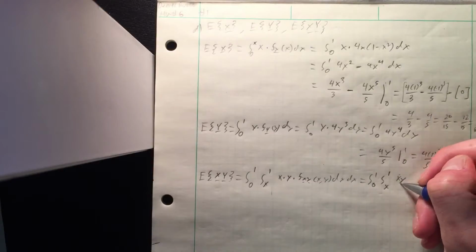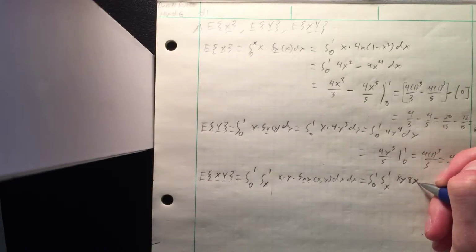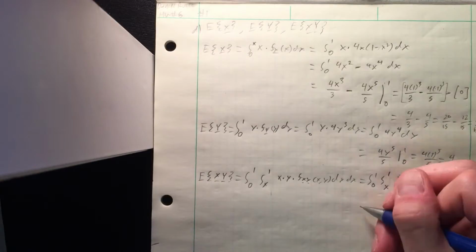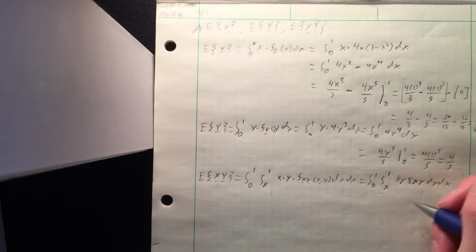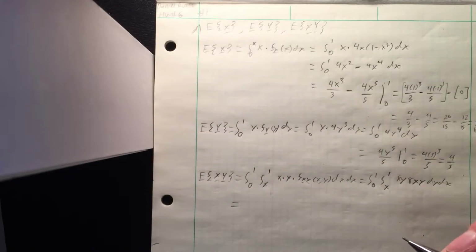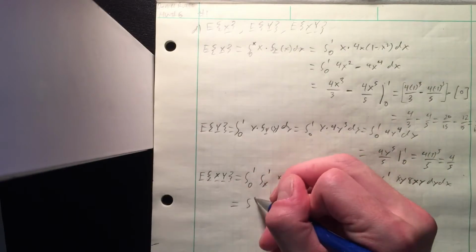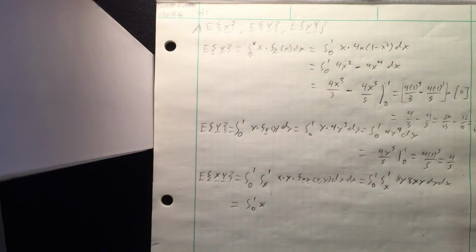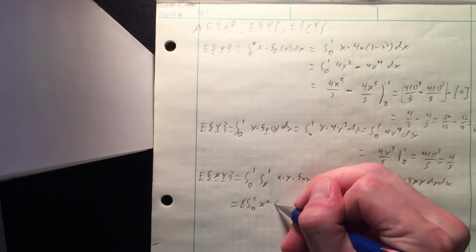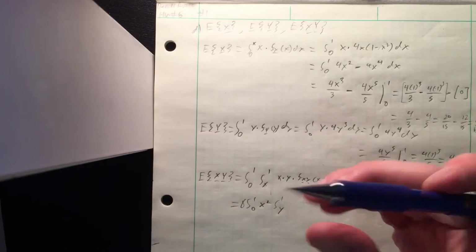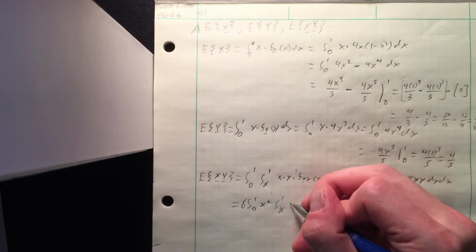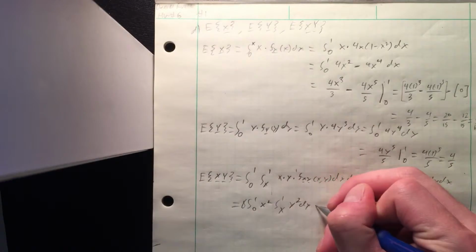So x times y times 8xy dy and dx. So just dealing with the inside, we can do a little removing of variables. For all the x variables, x squared, move the 8 to the outside, y times x, and just y squared dy dx.